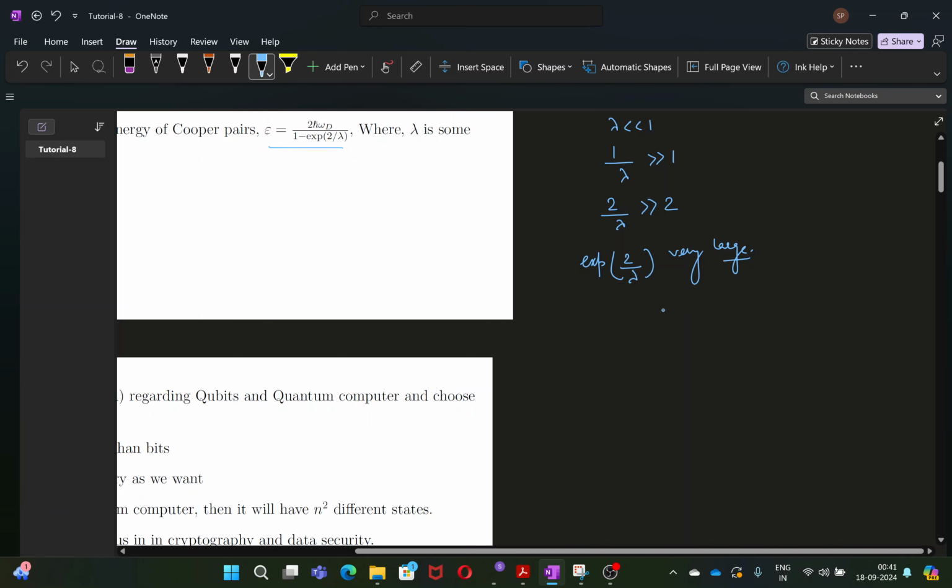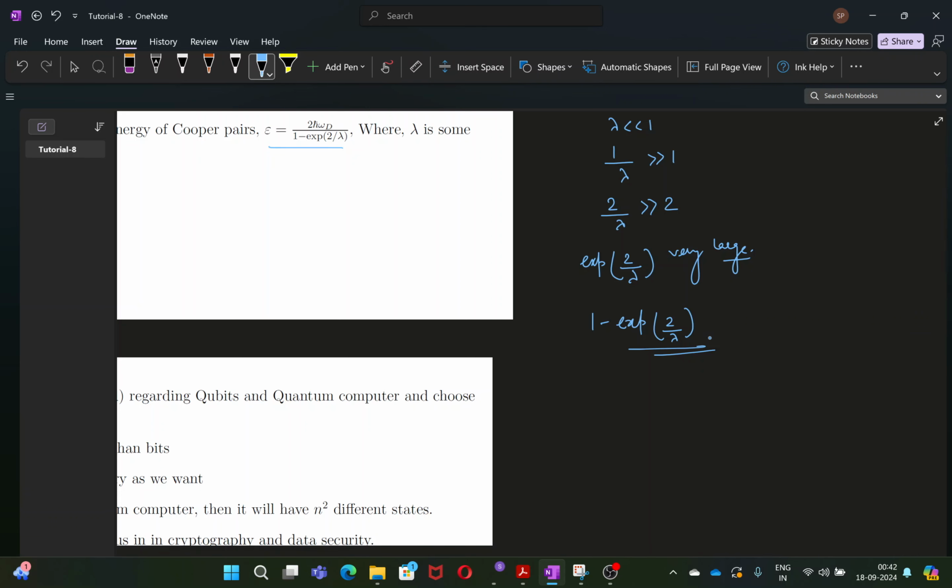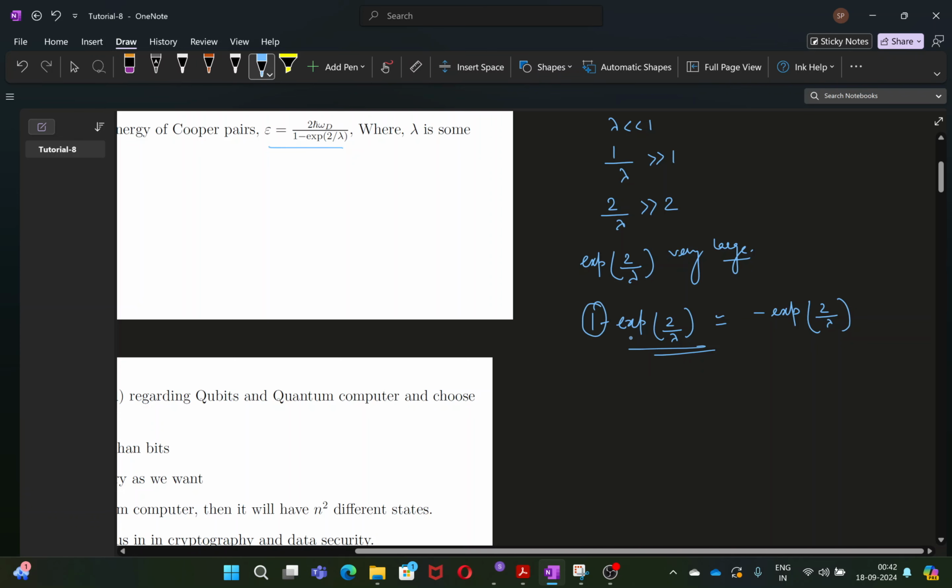So because e to the power of 2 by lambda is very large, since lambda is much smaller than 1, in 1 minus exponential of 2 by lambda the exponential is much stronger, so you can approximate it as minus exponential of 2 by lambda, because you can ignore the 1 in the presence of this exponential of 2 by lambda.